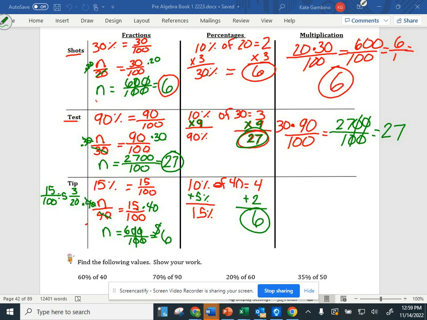So if it doesn't come up easily, don't use that way. That's why we've got 3 ways. So our last way, we had 15 hundredths, as it was 15% times what? Times our $40. So 15 times 40 gave us that 600 out of the 100, which gives us our $6.